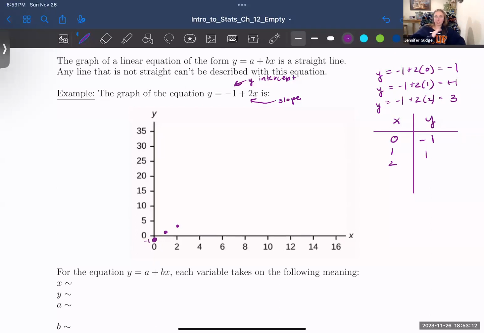Again, my dots might not look like an exact line, but these would be an exact line. Let's put in something a little higher. Let's put in 6. And then we can just draw the line from there and call it good. So -1 plus 2 times 6. That's -1 plus 12. That's +11.